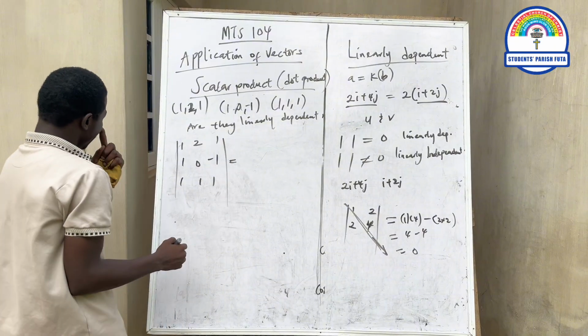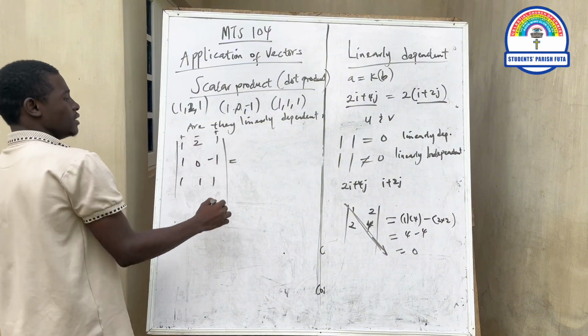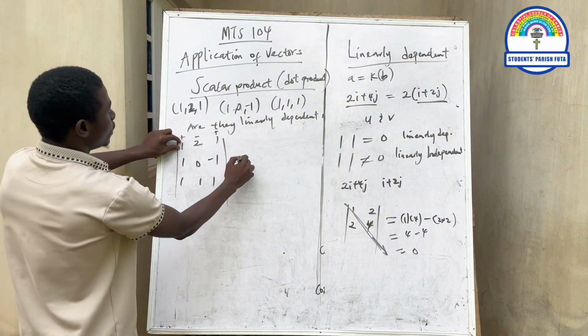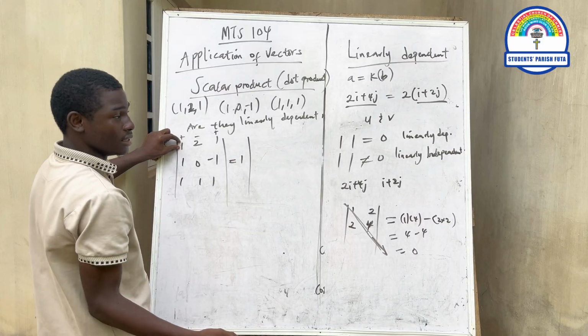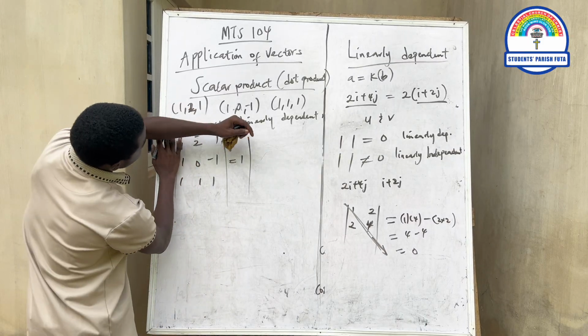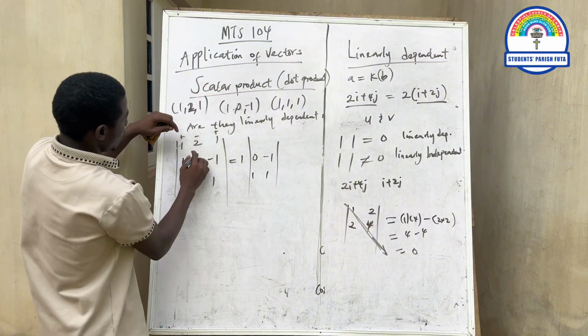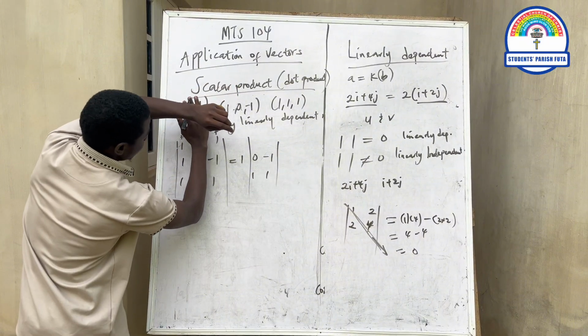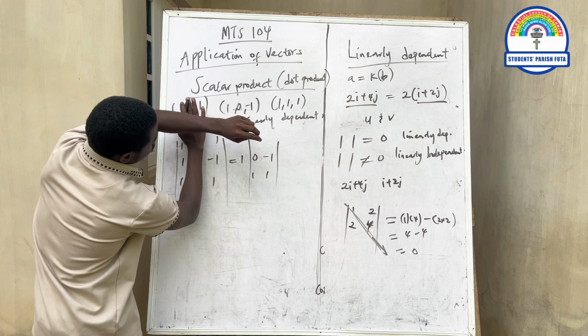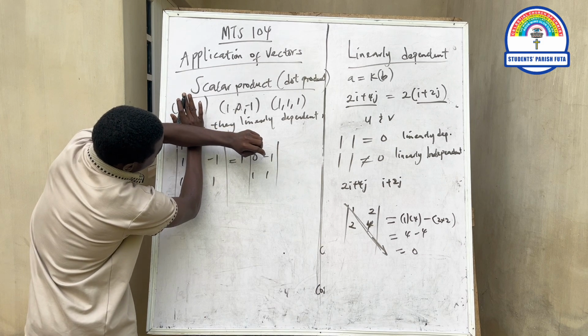So what do you need to do? You put plus here, you put minus here, you put plus here. You should remember determinant. Then you pick this one, then you do the minus now. So when you close this row and this column, it remains 0 minus 1, 1 and 1. When you pick minus 2, when you close the row of minus 2 downward and you close the column, what can you see now?